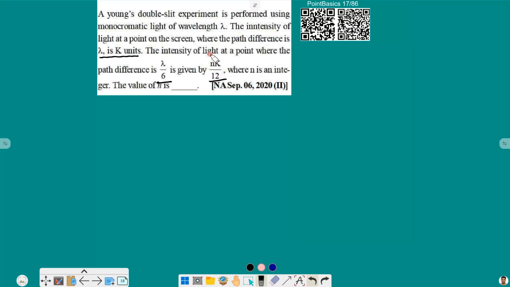So we know that we have a relation I is equal to 4 I naught cos square of phi by 2. If we have two sources of equal intensity, then this is the resultant intensity at some phase difference phi. Now initially we have a path difference of lambda. From that we can calculate phi using 2 pi by lambda into delta x.